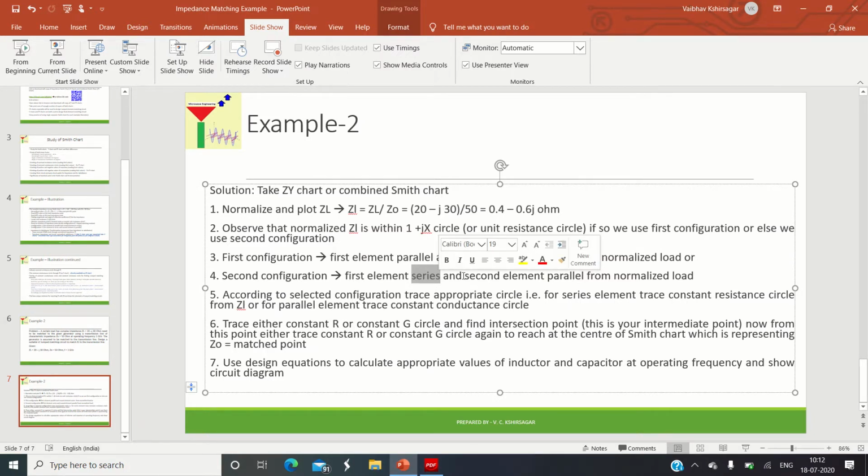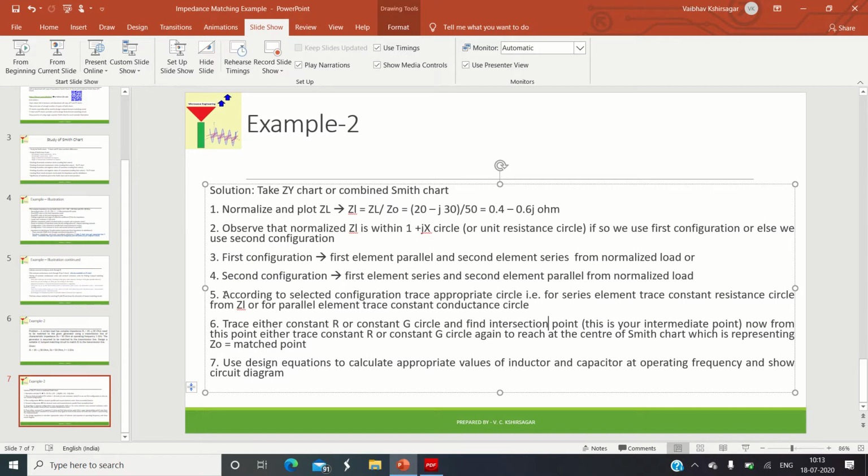And then the second element has to be a parallel. So we ensure that we are going to make use of the second configuration in which the first matching element will be in series with the load and the second matching element will be in parallel with the given load. Okay. So as per the configuration, we are going to trace the appropriate circle.